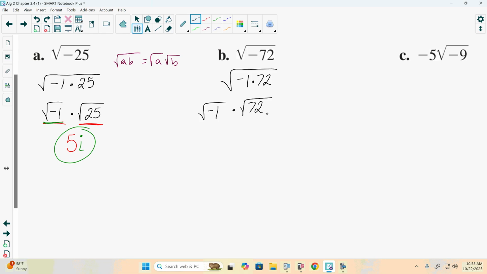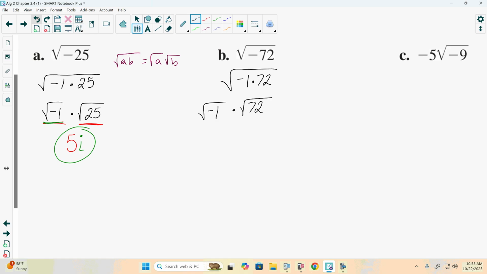Yes, it is, because negative 1 times 72 is still negative 72. We split it apart because when we do negative 1 times 72, it's the square root of negative 1 times the square root of 72. Our square root of negative 1 is going to become i.